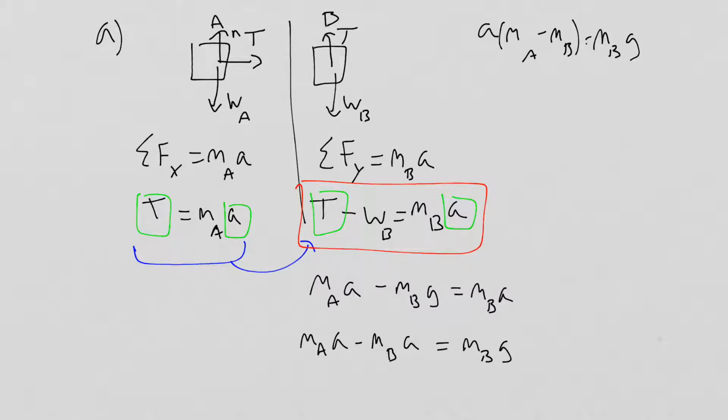The tension, right here, points up. The acceleration points in the opposite direction to the tension. Acceleration is down. So this really needs to be a negative A, and so then this is a plus, not a minus. And now we can solve.